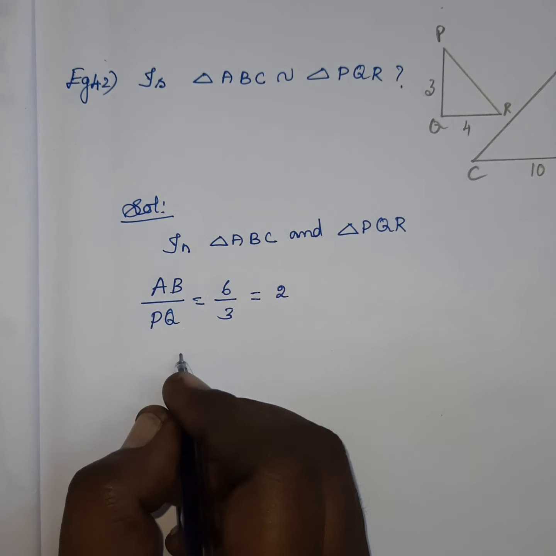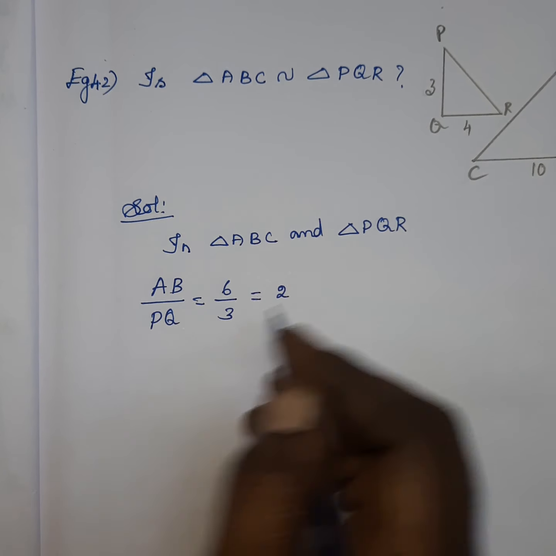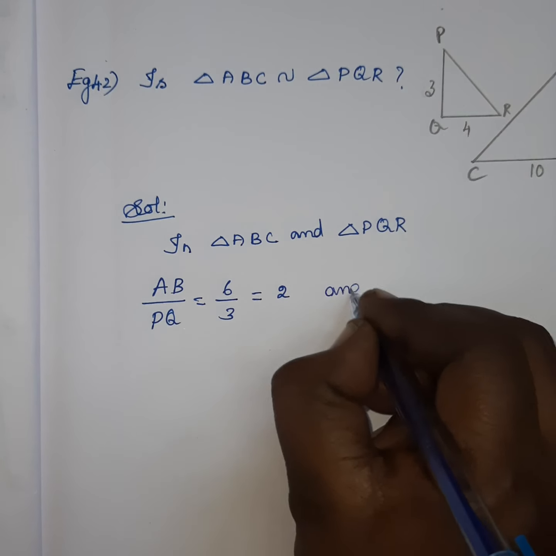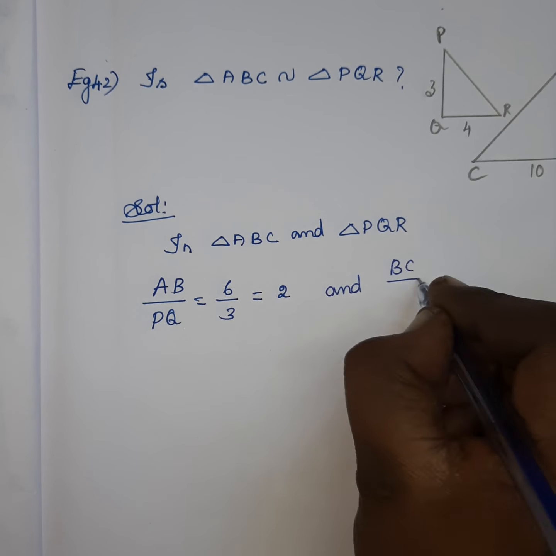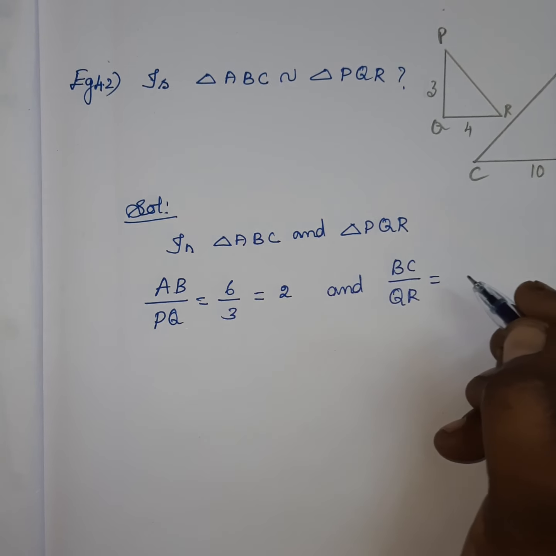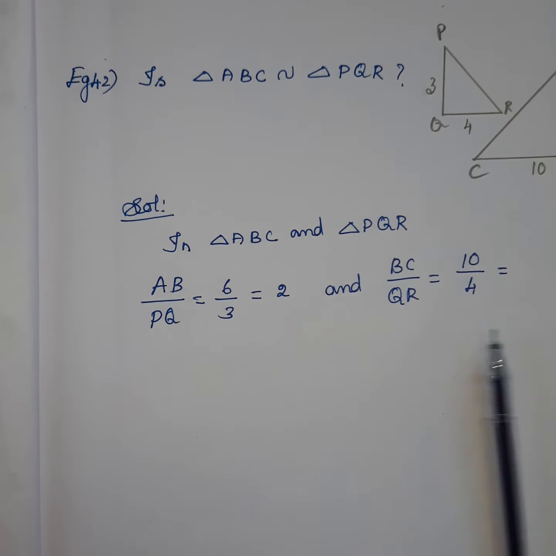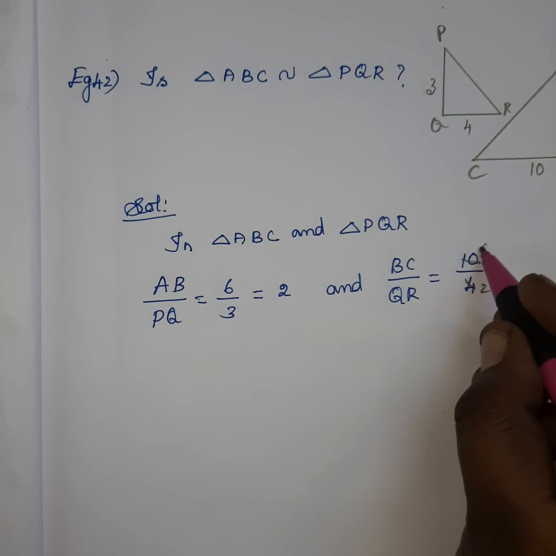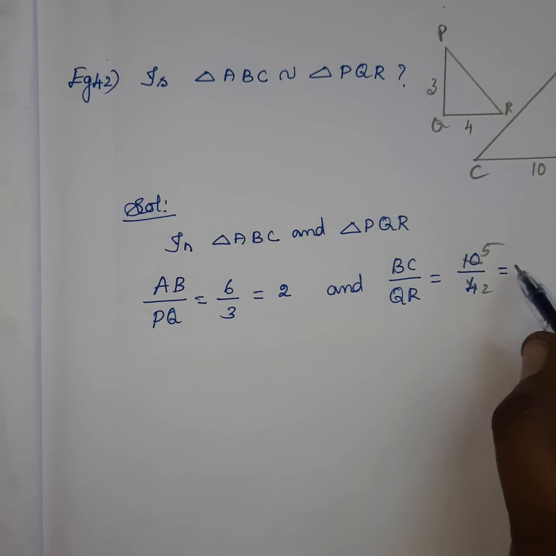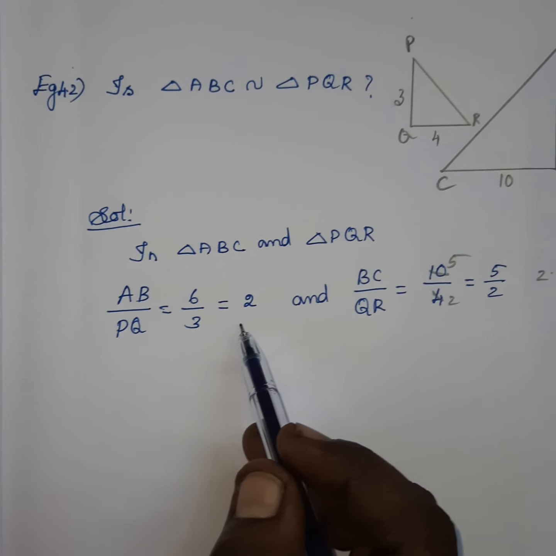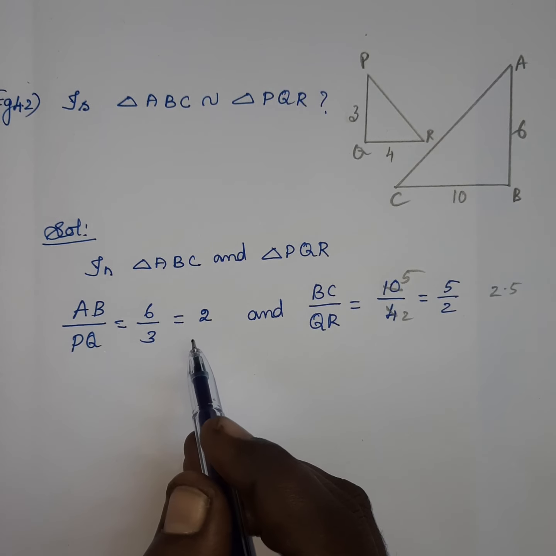Then the next ratio: BC divided by QR. BC value 10 divided by QR value 4. You can reduce this using the 2 table: 2 twos are 4 and 5 twos are 10. So you will get 5 by 2, which means 2.5. So that is not equal to 2.